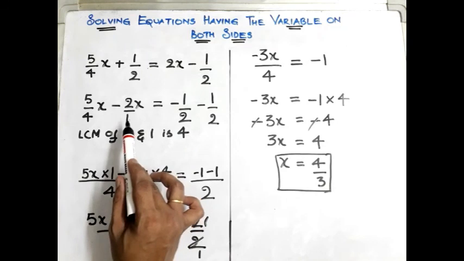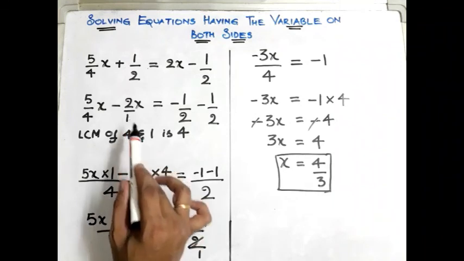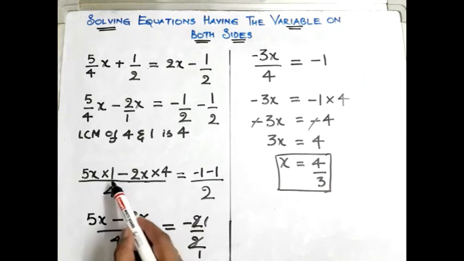Here in the denominator we have 1. 1 into the LCM 4, how many times? 4 times. So 2x into 4. 5x into 1 is 5x. 2x into 4 is 8x. The rest of the process is quite simple. So this is the way we have to solve equations when the variable is on both sides. Hope you are clear with the process.